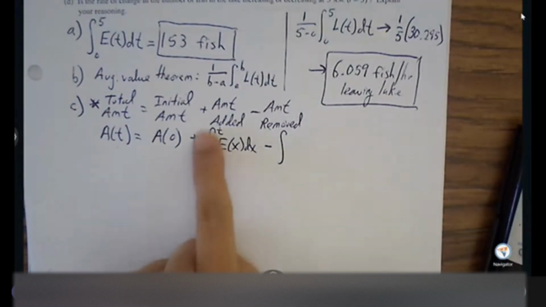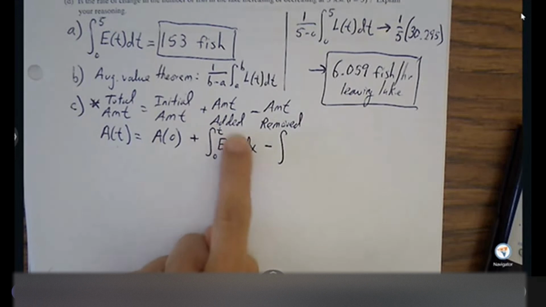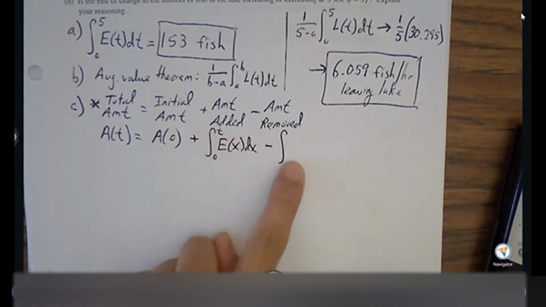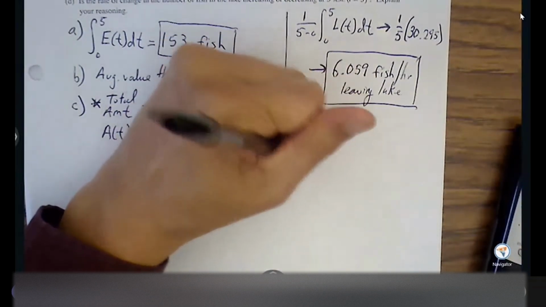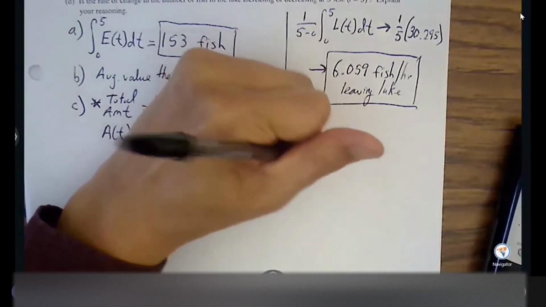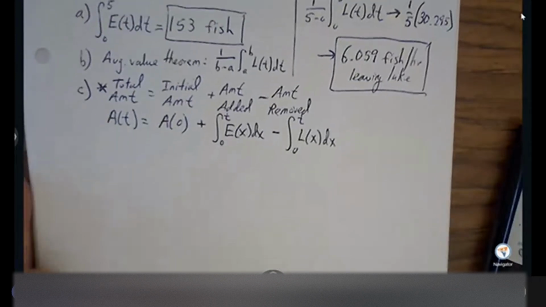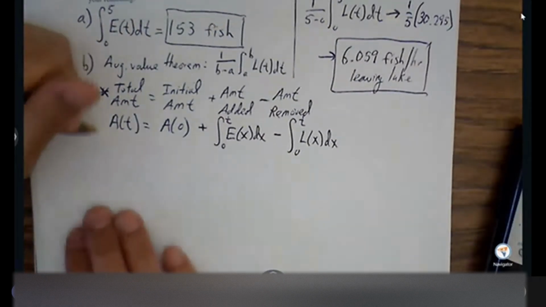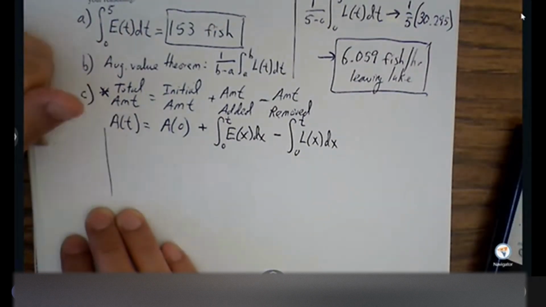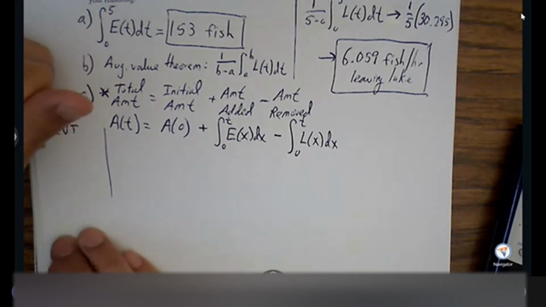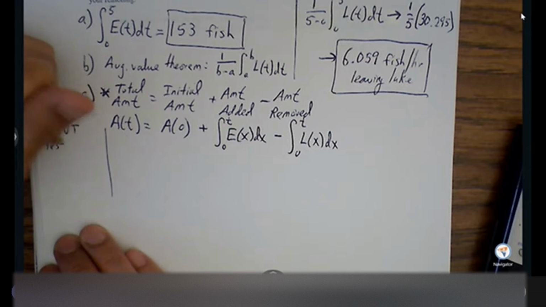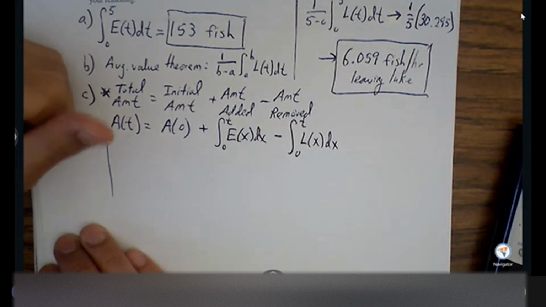So this will give us the accumulation of the rate of fish coming into the lake, and then the integral from 0 to t of L of x will give us the total number of fish leaving in a specific time period. Okay, so let me write off to the side what we're trying to achieve here. Extreme value theorem: we're going to have to test endpoints and critical points.